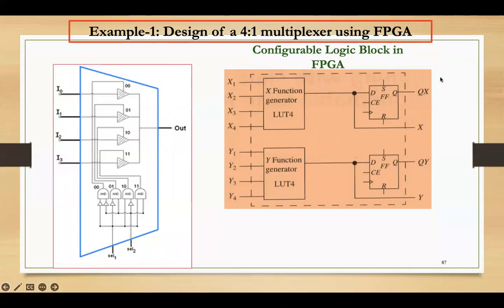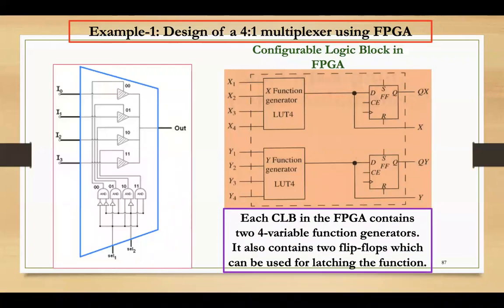So if I want to select between these outputs, then it means I'm going to use a MUX here. Either I take it from here or here, right? Our next stage is actually a MUX, having a memory as selection line. Each CLB in the FPGA contains 4 variable function generators, okay? 4 variable, 2 LUTs. So that's why it's called LUT4, which means 4 inputs.